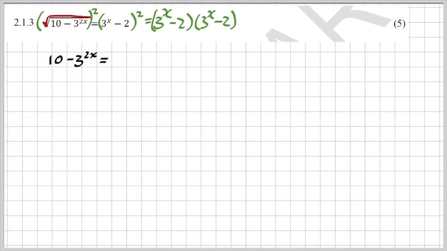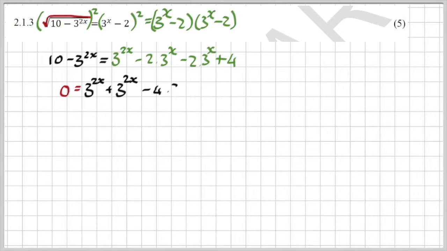If I distribute that out, I get 3 to the power of 2x minus 2 times by 3 to the x minus another 2 times 3 to the x plus 4. This means on the right-hand side, I can simplify it. But also, I'm going to take a wild guess and make it equal to 0.